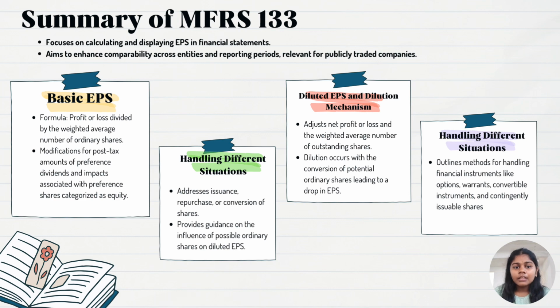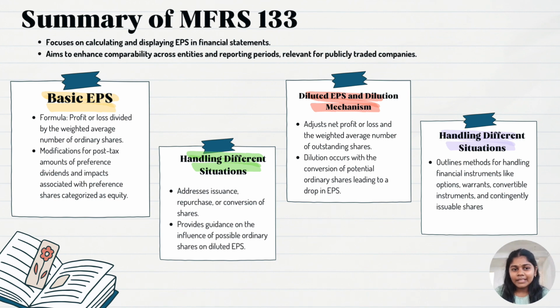Diluted earnings per share accounts for the impact of all potentially dilutive common shares by adjusting both the net profit or loss and the weighted average number of outstanding shares. Dilution of EPS from ongoing operations occurs when the conversion of potential ordinary shares leads to a drop in earnings per share.